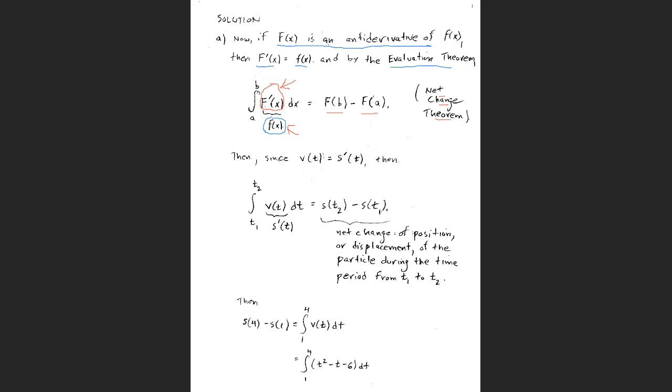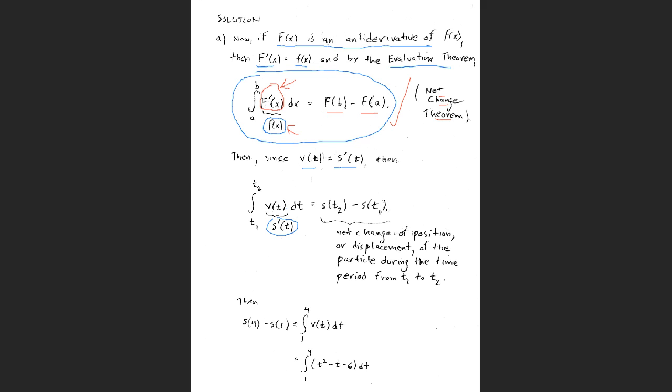Okay, so the question is, how does this help us? Well, remember that the velocity is the derivative of position. S is position. And so if we were to apply the net change theorem here, how would we apply that? Well, we would recognize that the derivative of position is velocity.